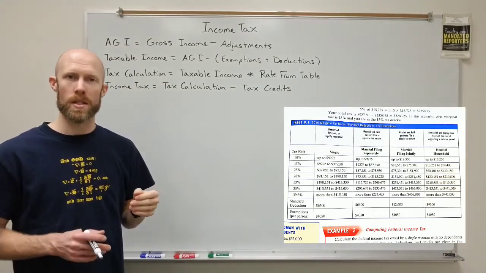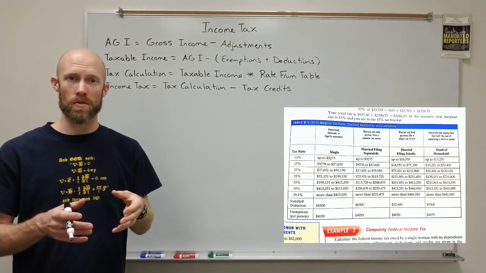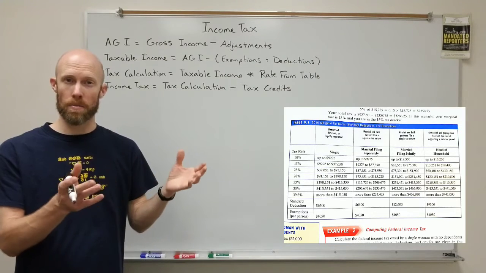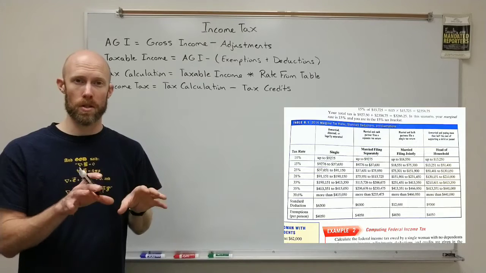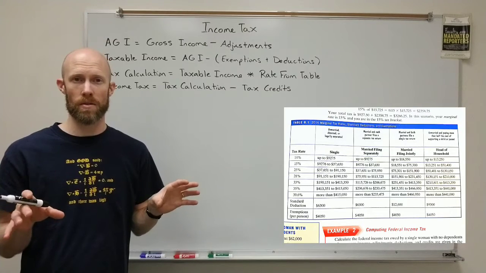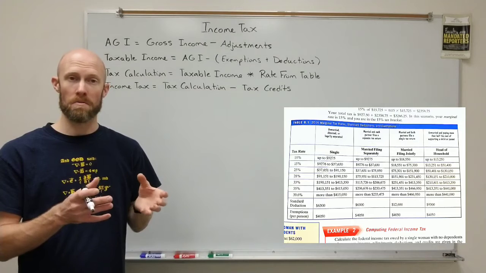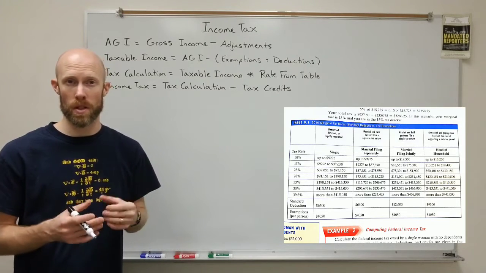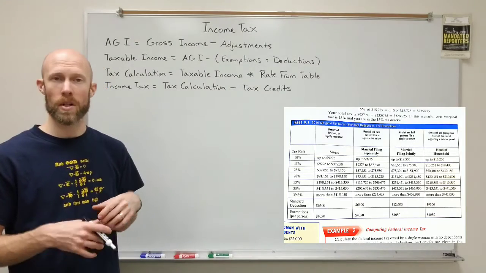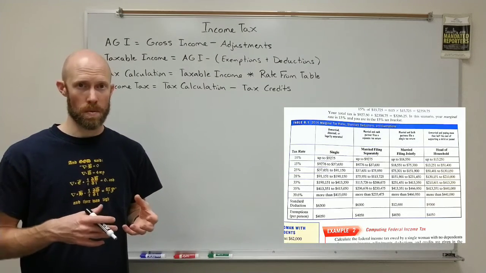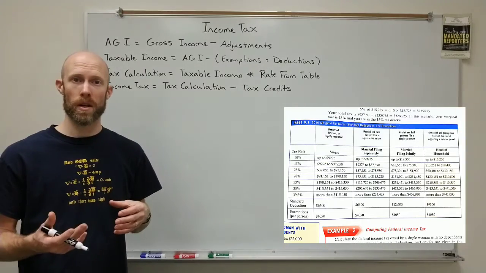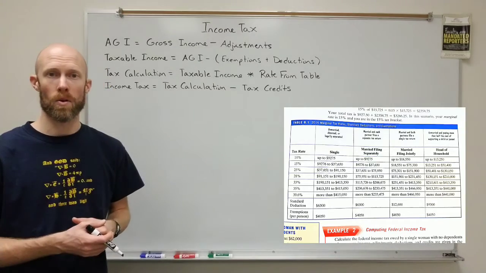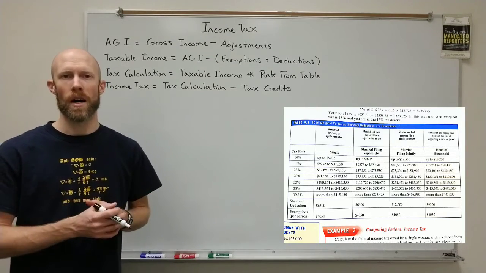The columns represent different family structures, whether the individual is single, whether they are married but maybe filing separately. So maybe you're a married couple but you're each filing your own separate tax form. Maybe you're married and filing jointly, so you're filing one single tax form for your entire household, or you're what's called a head of household, in which case maybe you're taking care of or supporting other family members like your parents if your parents are elderly, or an adult child or something.